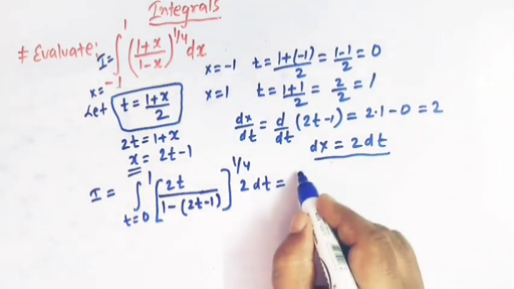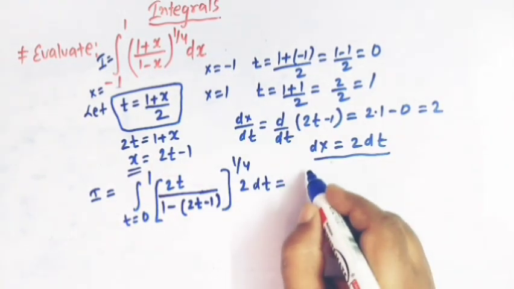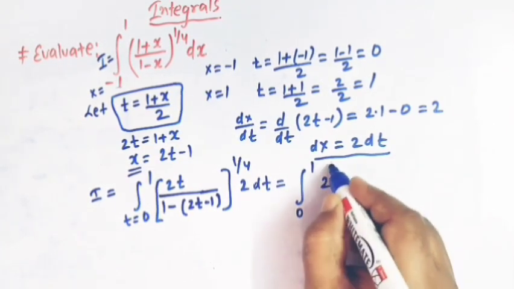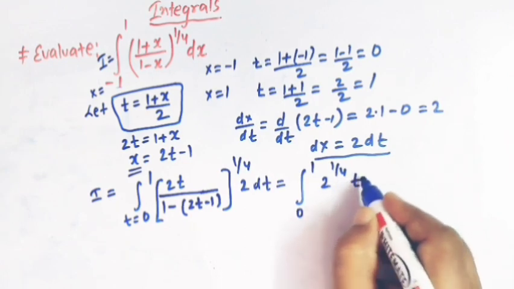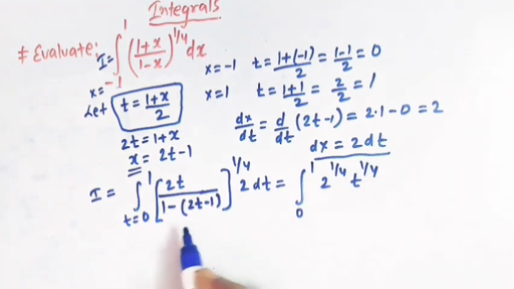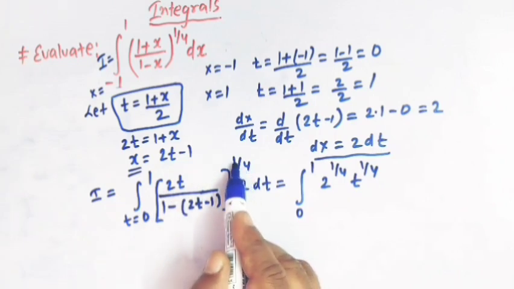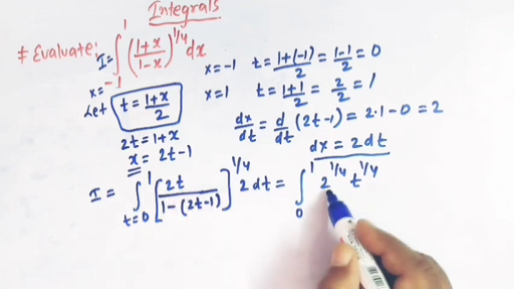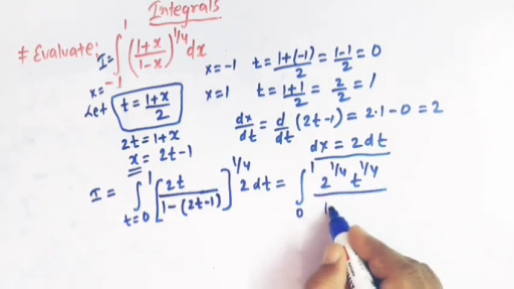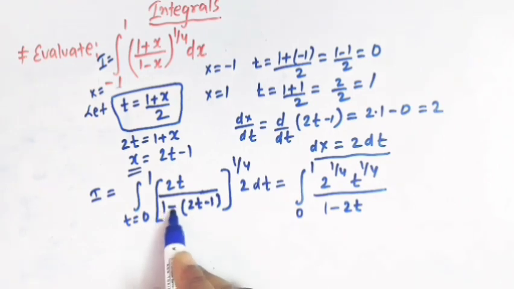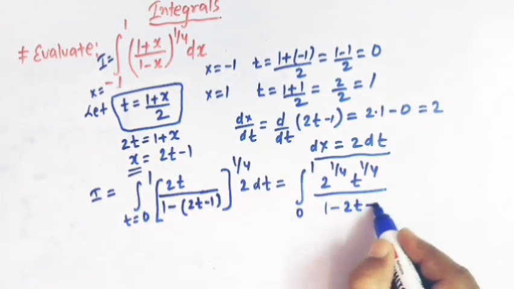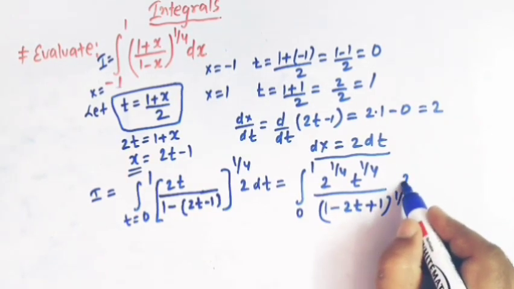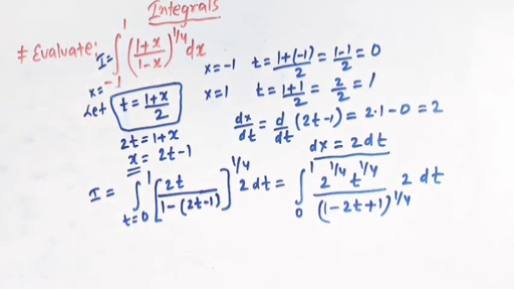Okay, so now we can simplify this expression. So we have 0 to 1, and here we have 2 raised to 1 by 4, then we have t raised to 1 by 4, right? Because we are distributing this power 1 over 4 into 2 and t, right? And here we have 1 minus 2t, minus minus becomes plus. So here we have 1 plus 1, raised to 1 over 4, and here we have 2 dt, right?